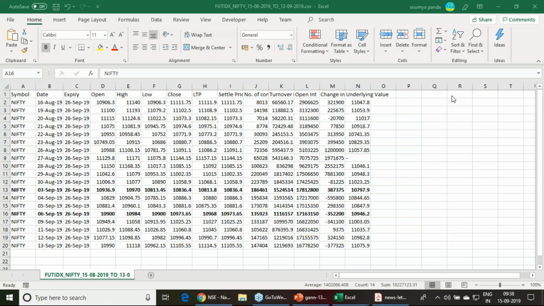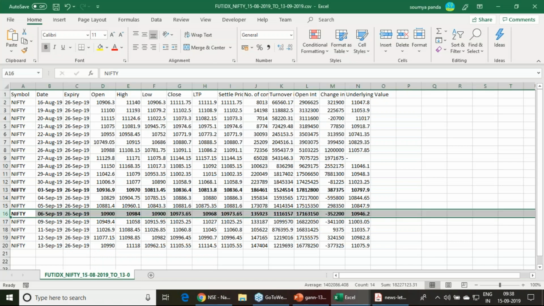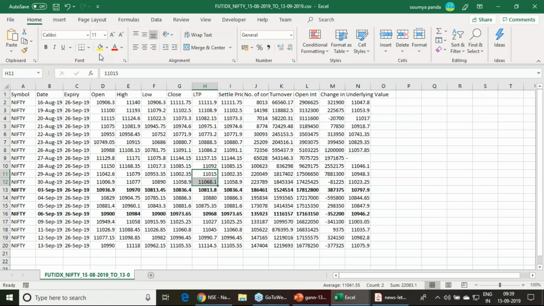Just observe these calculations we have done, whether they are true or not. Here, I am taking the last traded prices. Whether these 2 days of trend reversal happened or not is well visible on your screen.